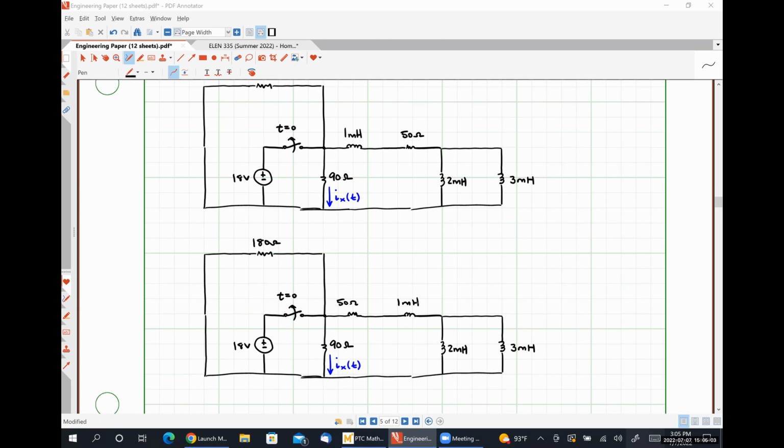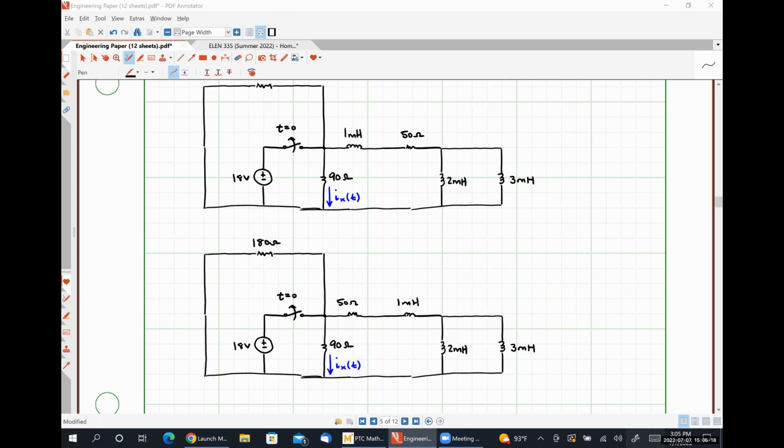The reason that I change the order of those two elements is because now I can see that I have a 1 millihenry inductor connected to a 2 millihenry inductor that's in parallel with a 3 millihenry inductor.